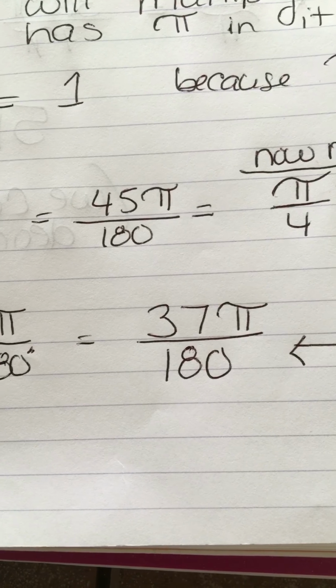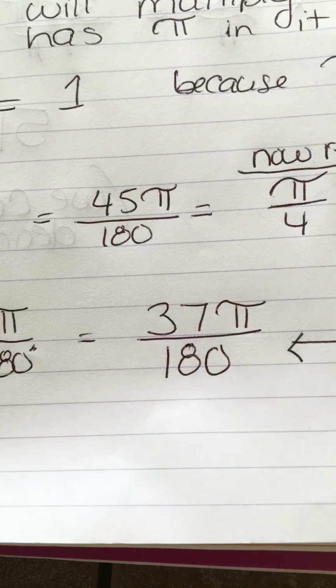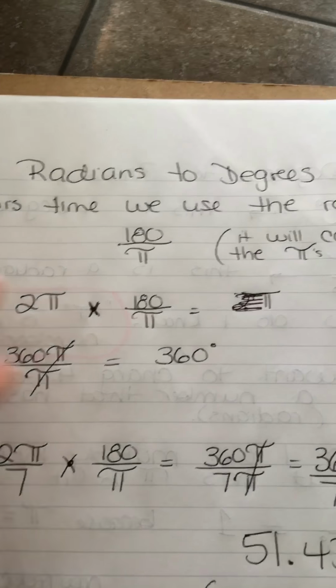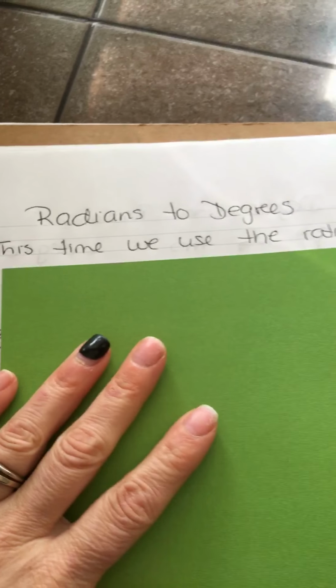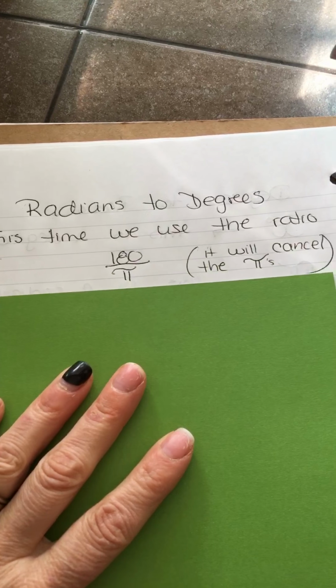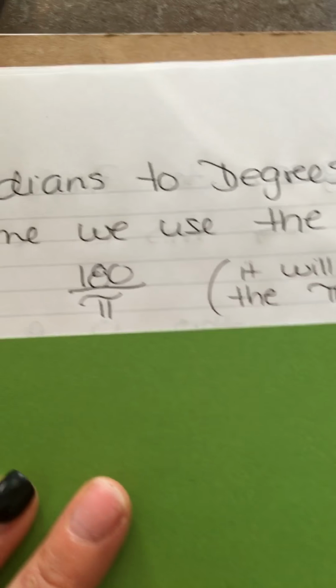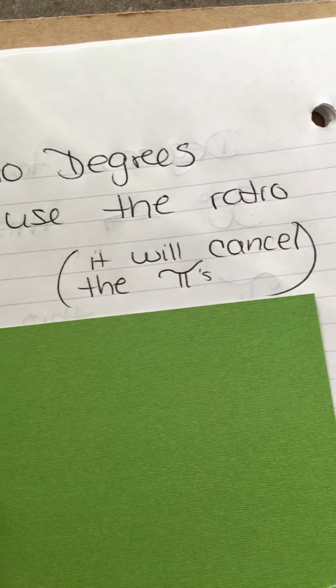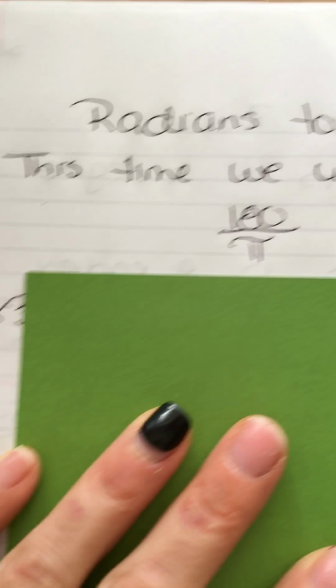We can also go from radians to degrees. Okay, so this time we're going to use the ratio 180 over pi, because it'll help cancel the pi's.